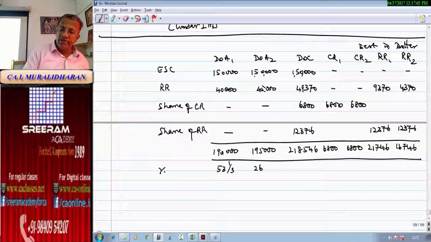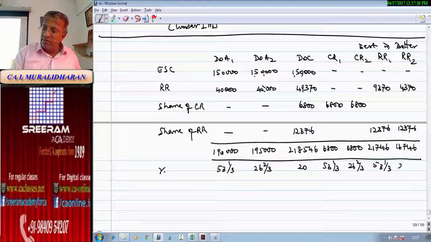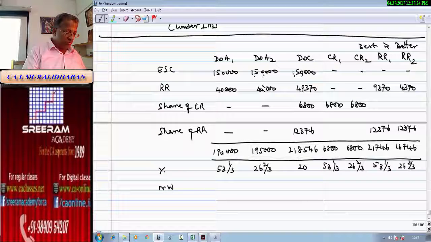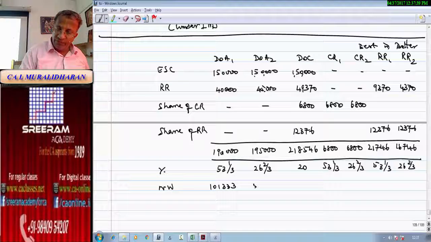Net worth: 1,90,000 into 0.533333 is 101,333; 1,95,000 into 4 divided by 15 is 52,000.